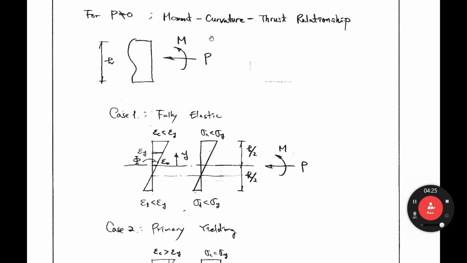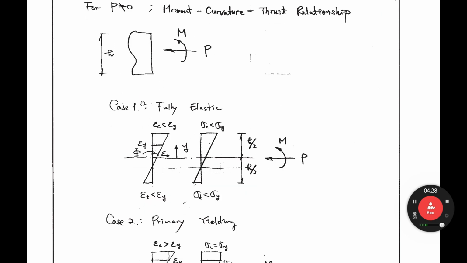For this, let's look at case 1, the fully elastic case. This is the strain relationship, right? Strain is always straight, right? As you see here, at the centroid of the section, at the mid-height, we have the strain epsilon 0 because we have P. Due to this P, we have an average strain from here to here.